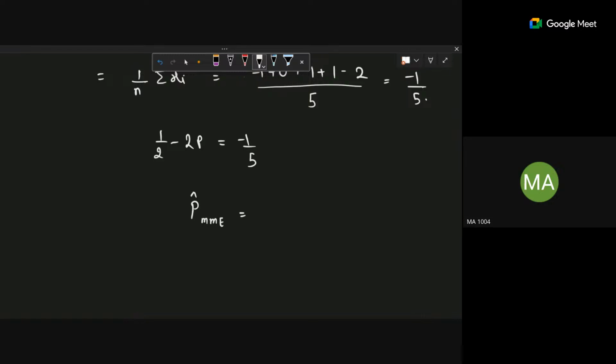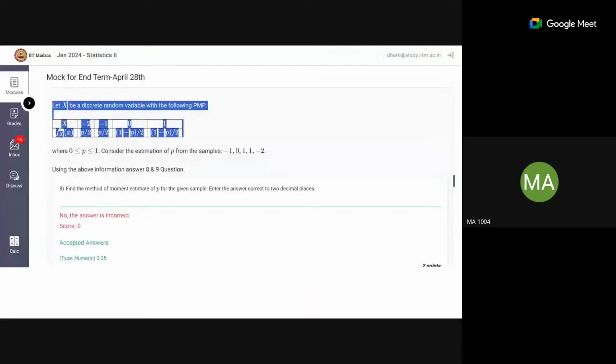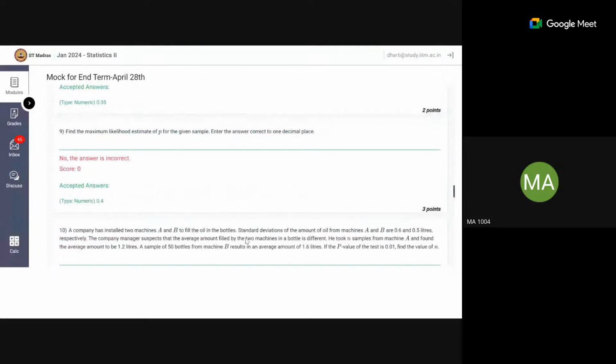So we'll get p hat using method of moments, and that will be 0.7 by 2, which is 0.35. So that's how we calculate using method of moments: just equate your first moment with the mean of the sample.